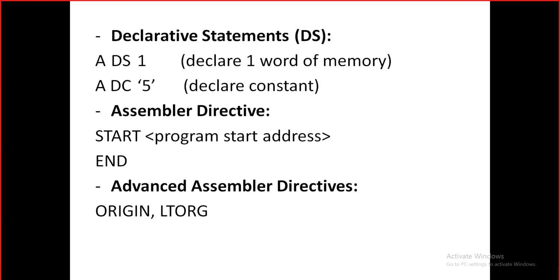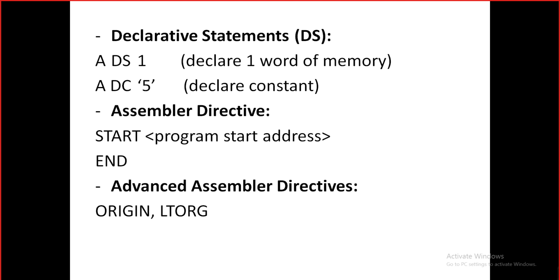Another thing, apart from updating the literal table by adding the addresses, another task that we have to do when we encounter LTORG is that we have to update the pool table. So if you encounter an LTORG, then you understand that the literals which were declared or which were used before this LTORG are from a different pool, and the literals which are going to be used after this LTORG will belong to a different pool.